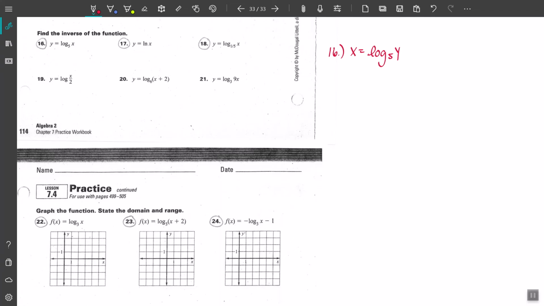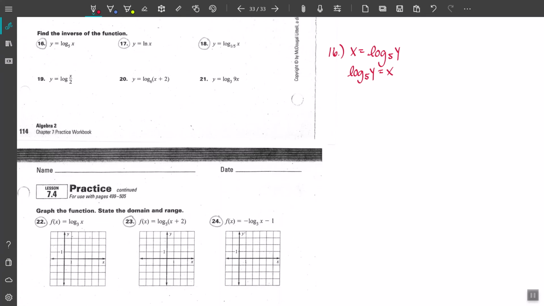The tricky part comes because now we have to solve for y, and we're using these logarithmic functions to do that. I'm going to actually switch this and put the x on the other side just so it looks a little bit more like the logarithmic functions at the top of the page did.